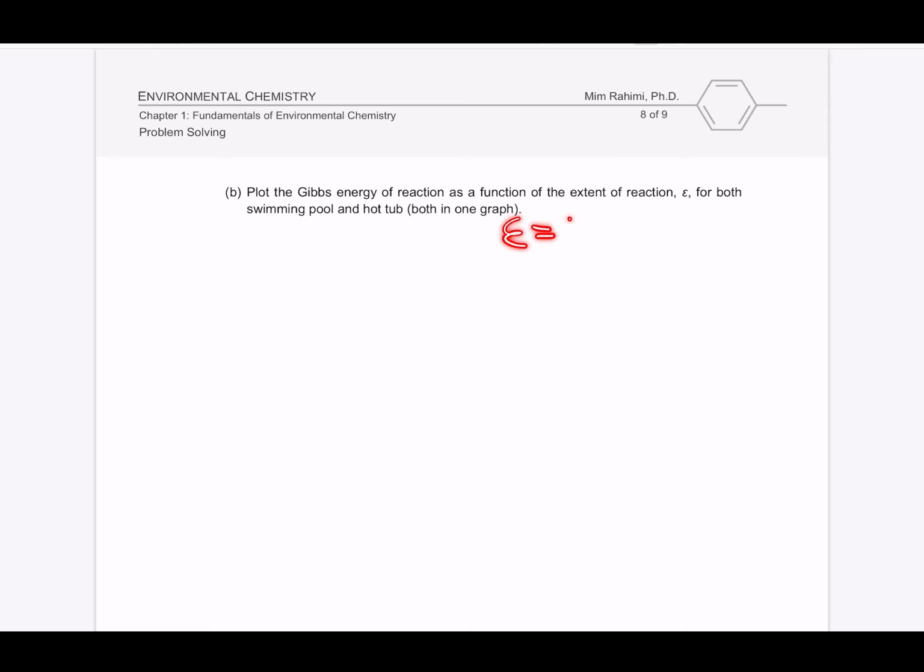Obviously, the extent equal to 1 means all A is converted to B. So that's the extent of reaction that we talked about before. Now we want to plot the Gibbs energy of reaction as a function of the extent of reaction. From the extent of 0 to 1, we want to see how delta G is changing for both the hot tub and also the swimming pool.